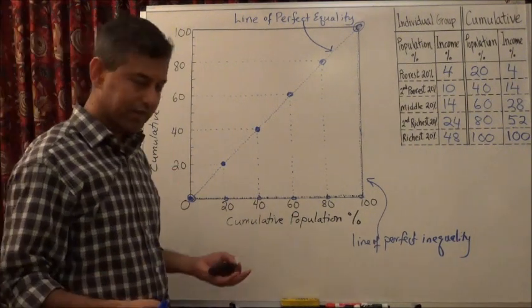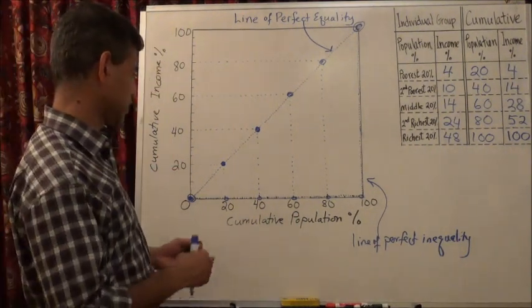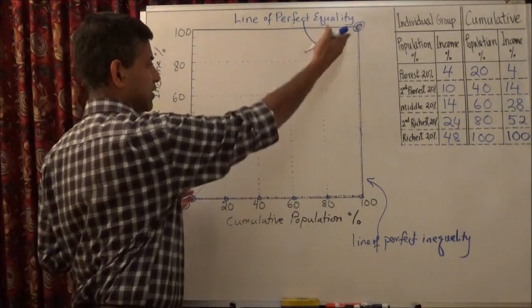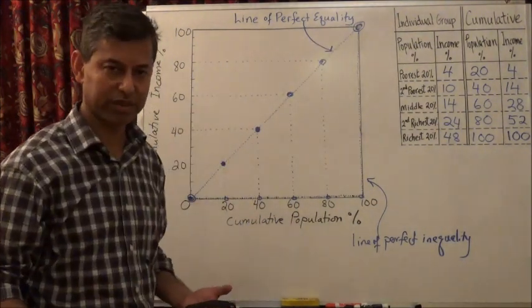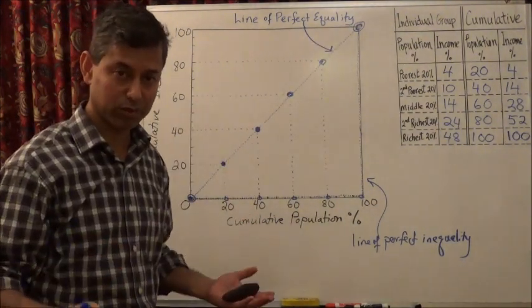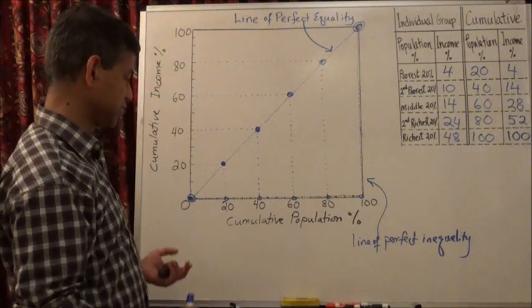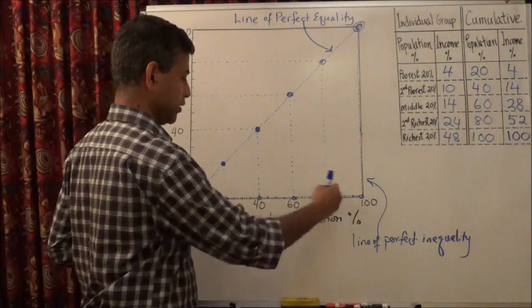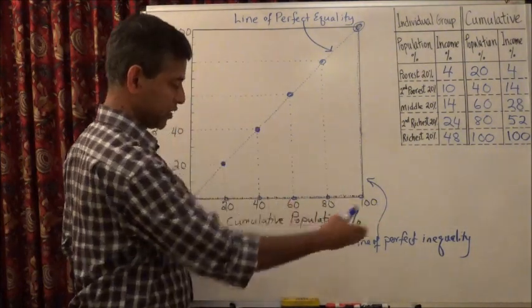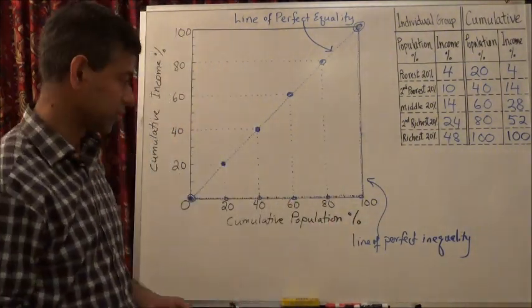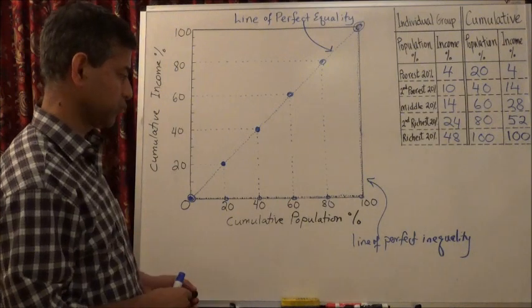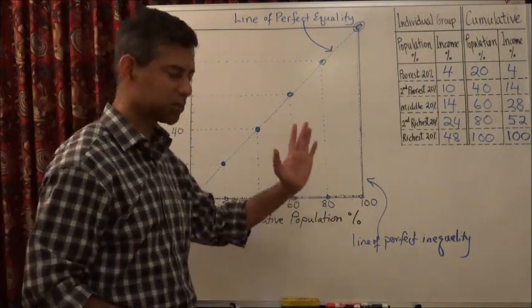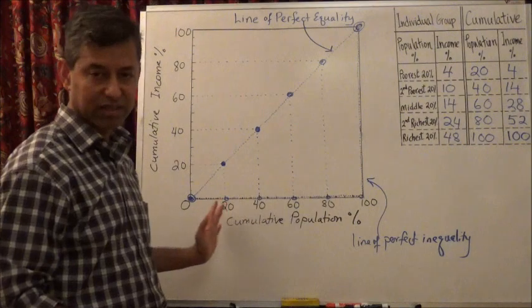Now, in reality, in practice, there's not a single country where the Lorenz curve is like that, because there's not a single country where income is shared exactly equally among all people. There's also, in practice, no country or community where it looks like this, the extreme case, the line of perfect inequality, because we have no situation where all of the income goes to just one person and no one else has any income.